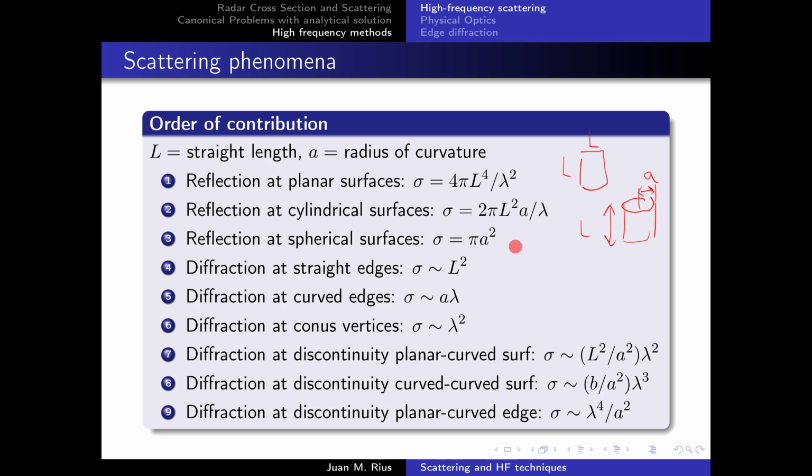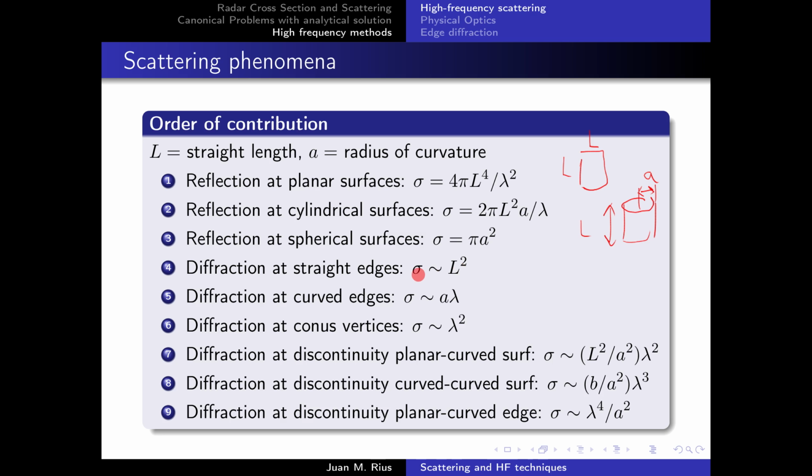So pi a squared is independent of frequency. Very important to know that for a surface with double curvature, the contribution of the reflection at different points is independent of frequency.